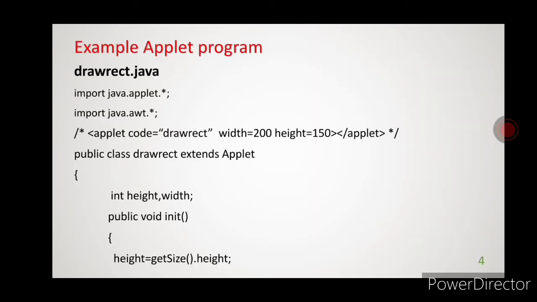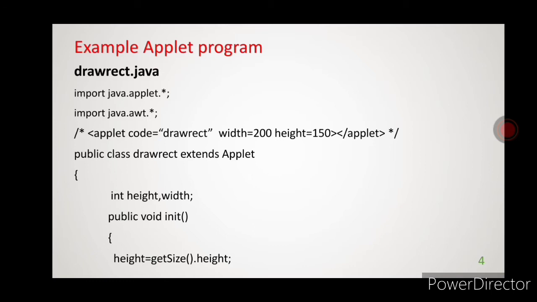Next, we will see one example program, that is an applet program to draw a rectangle. Here, starting, we are importing the necessary packages, that is applet and AWT, which are required to develop general purpose applications or to draw a rectangle.